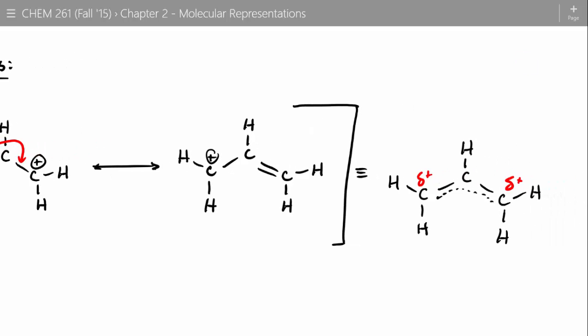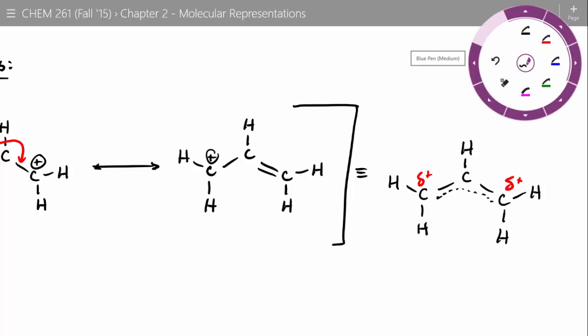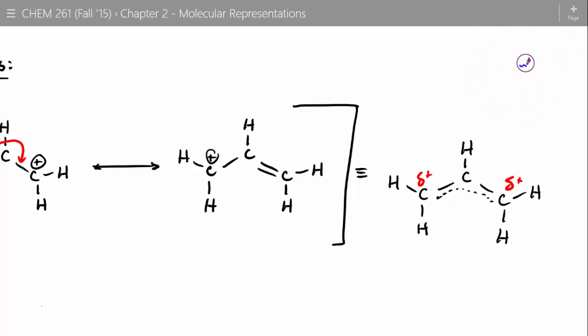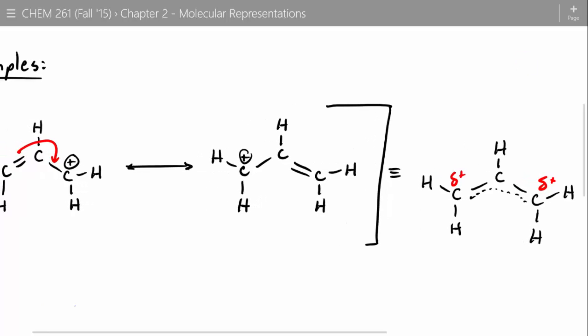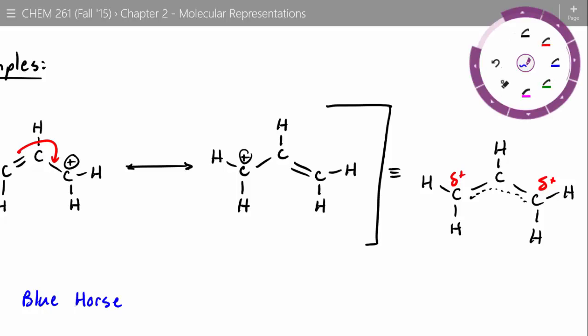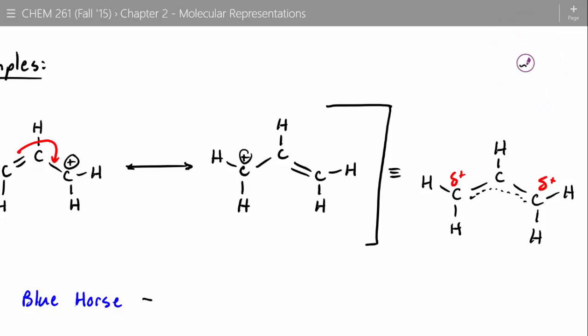Thank you. Okay, the example I like to use when I'm describing this, I wrote it down. It's really cheesy, but I think it's effective. Let's say I've got a blue horse, and its alternate resonance structure is a red donkey.